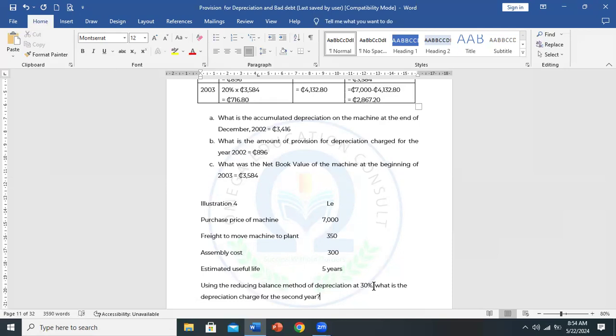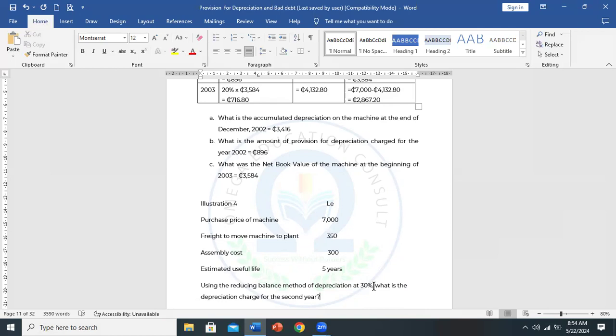So for the case of bad debt, provision for bad debt, we are predicting that our debtors may not be able to settle all their debts. So we just estimate. All of these are estimates. But in doing estimation, you need some standardized method to calculate certain figures. Yeah, go ahead.